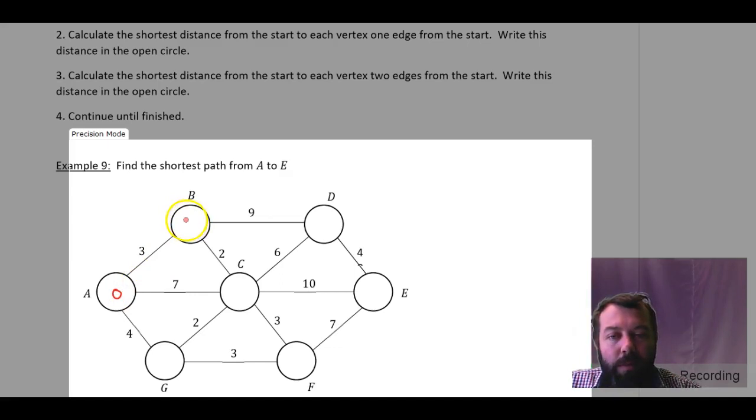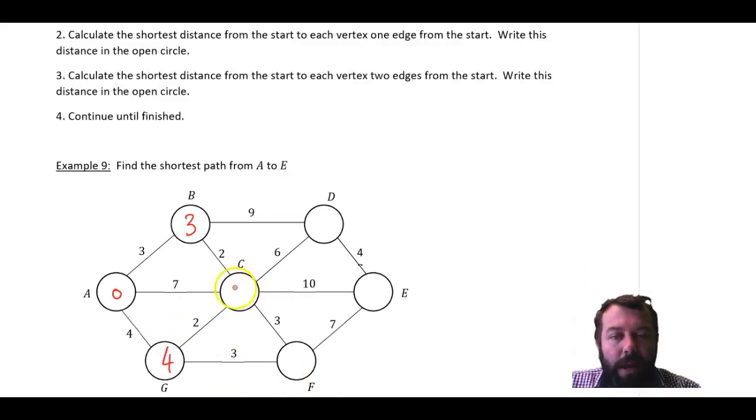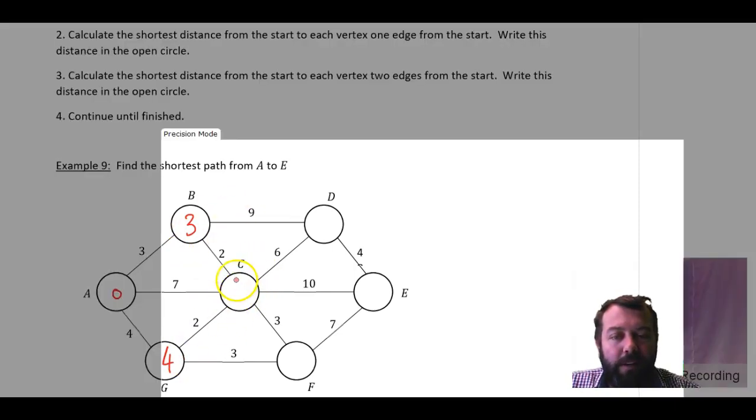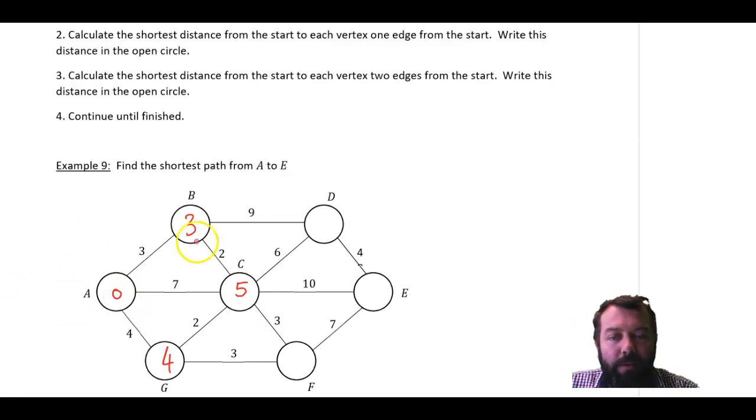But from A to B, I could get there in 3. That's the best way from A to B. To get from A to G, the best way is going to take 4. Now to get from A to C, I could get there in 7, but I could go 3, 2, that's 5, or 4, 2, that's 6. So in fact, the shortest path from A to C is 5, going via B.